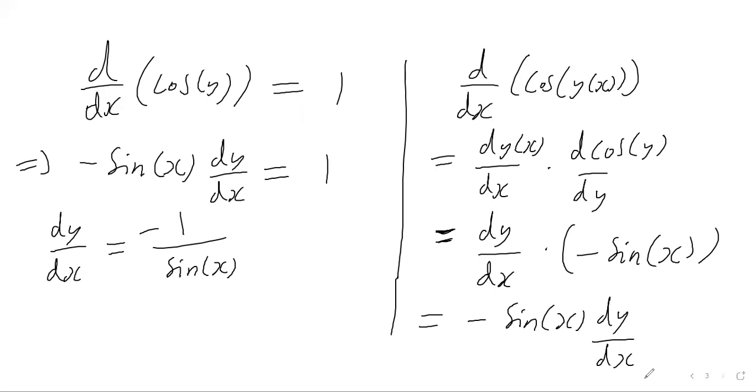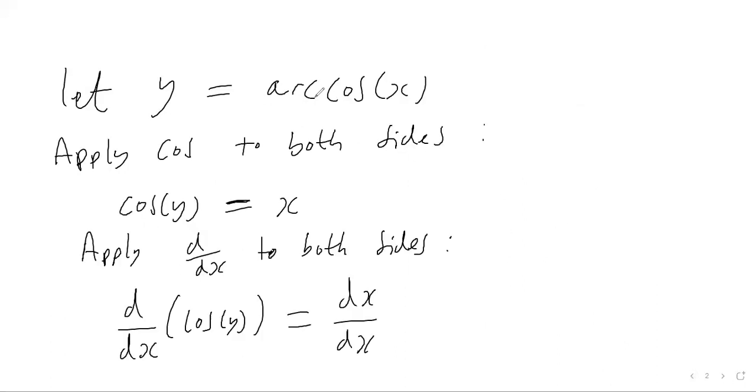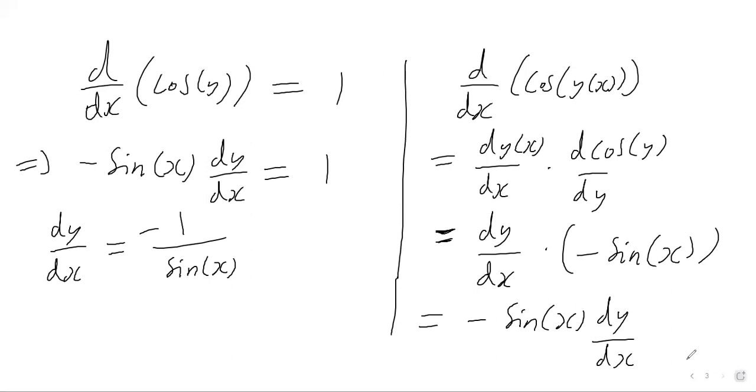So dy by dx, the derivative of arccos of x with respect to x, is -1 over sine of y. Sorry, I made a mistake earlier: it should be y in those places, since we're differentiating y. Everything's fine now.